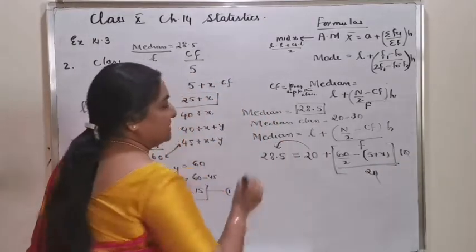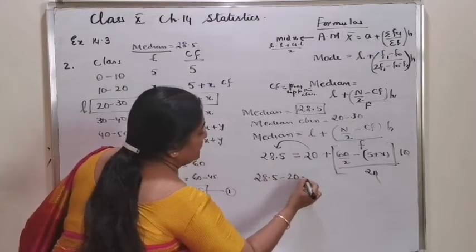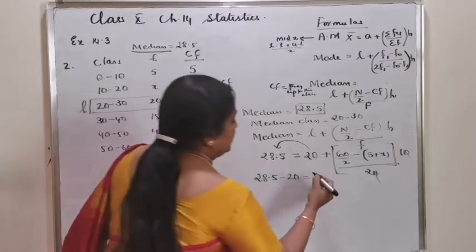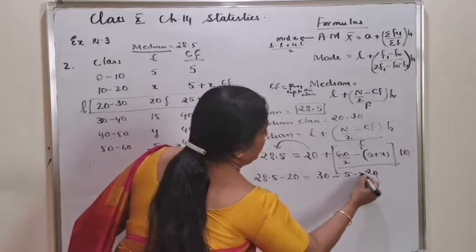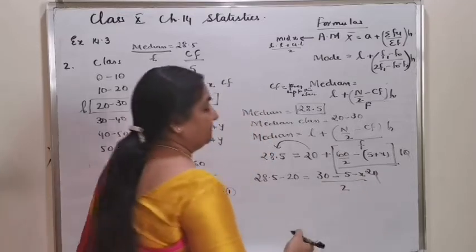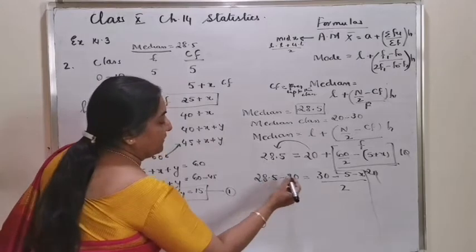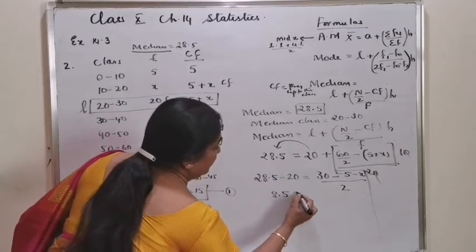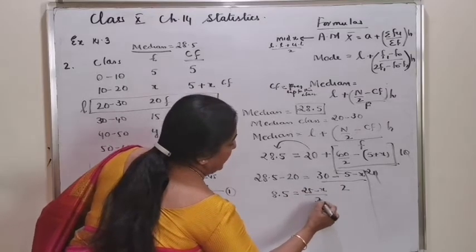First step, subtract 20 from the left side. 28.5 minus 20 is equal to 60 by 2, which is 30, minus (5 plus x) by 2. Now 28.5 minus 20 is 8.5, equal to 30 minus 5 is 25 minus x by 2.